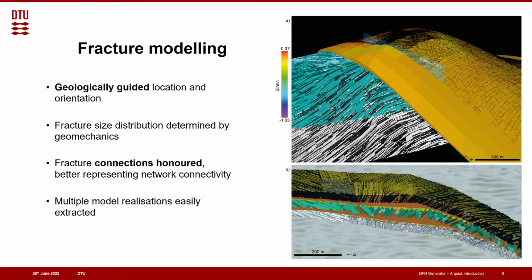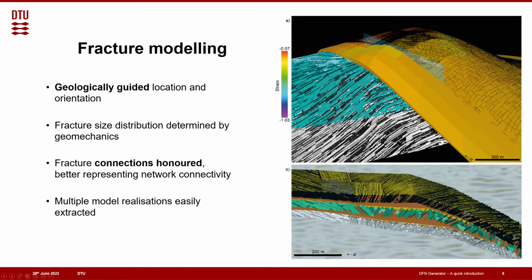Interestingly, and probably the key thing that makes this method stand out against other DFNs, is that fracture connections are honoured and they're represented in a way where you could actually look at outcrops and start to try and prove what is the relative ratio of isolated tips to truncated tips to relay tips.